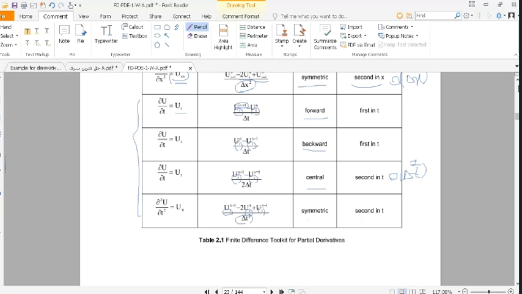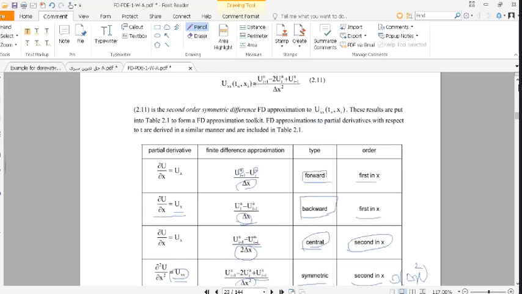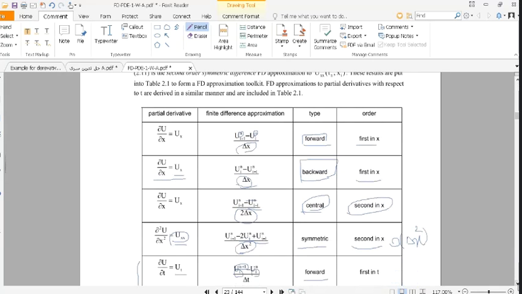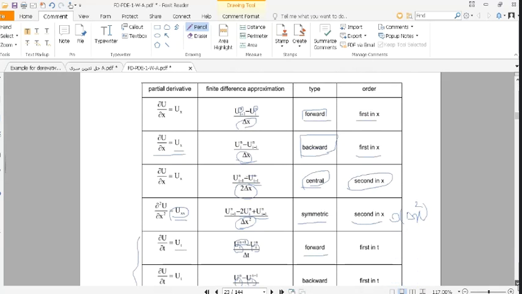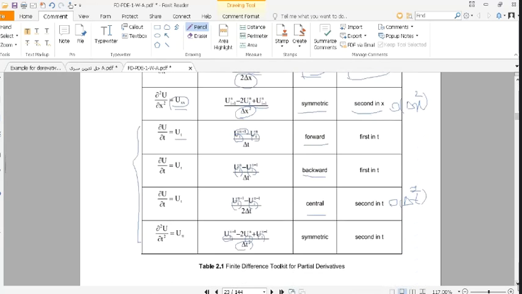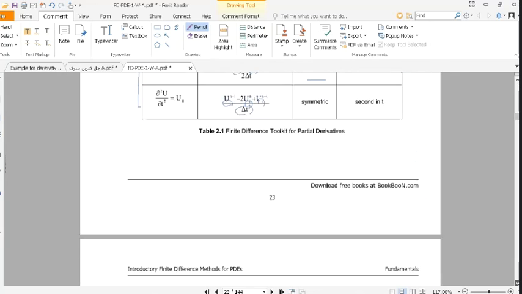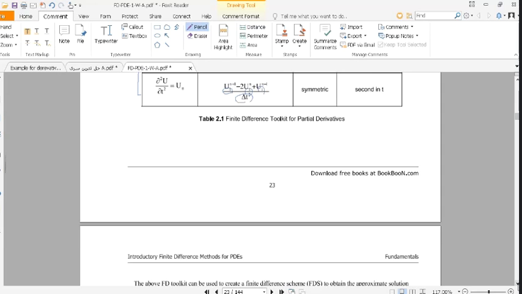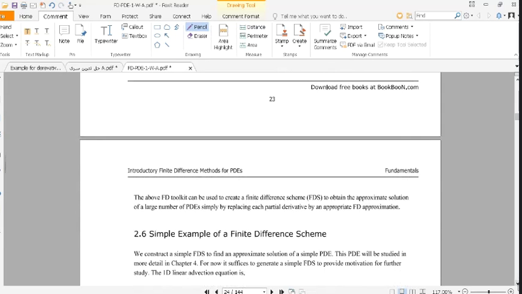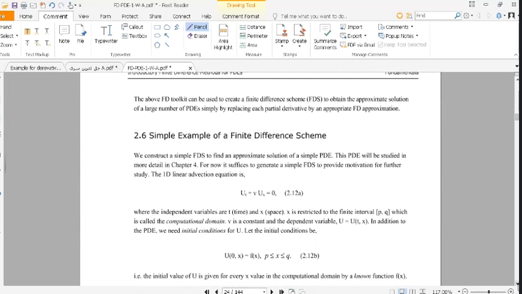This table is the summary of what I said until now, the summary of derivative of u respect x and t, first derivative and also second derivative. This is the review. This table is the review for finite difference approximation.